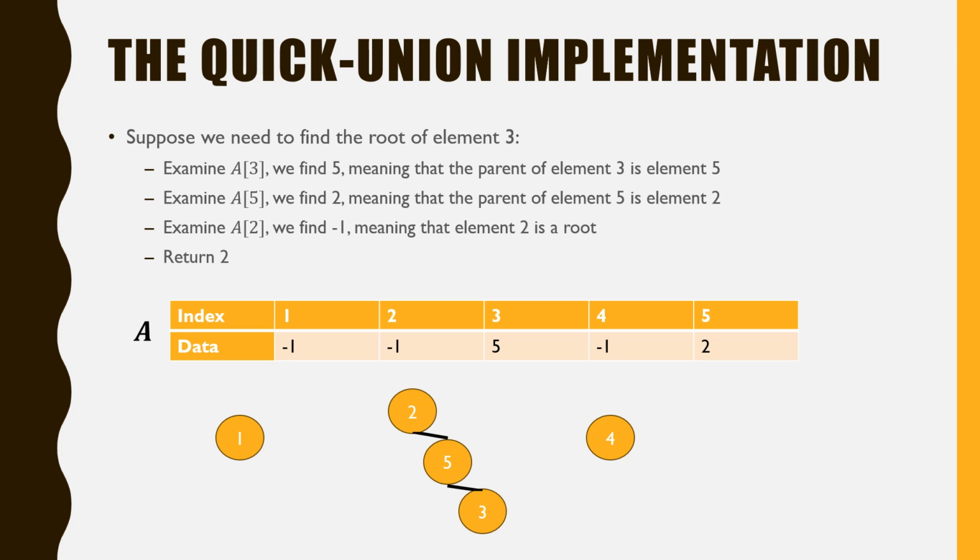Next, we check A[5] and find that it stores 2, meaning element 2 is the parent of element 5. We continue moving up to element 2. Finally, we check A[2] and find that it stores -1, indicating that element 2 is a root node. At this point, we terminate the iteration and return 2 as the label of the set that contains element 3.